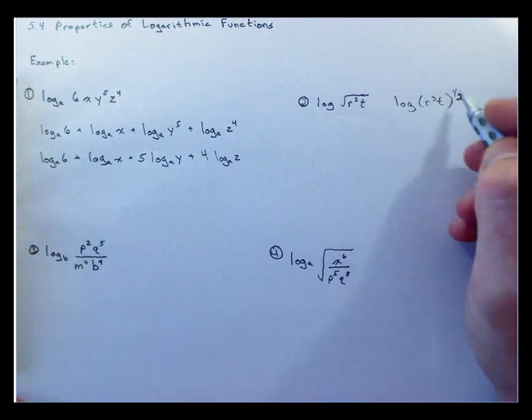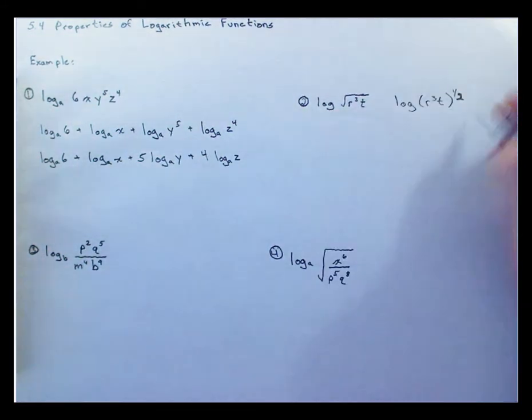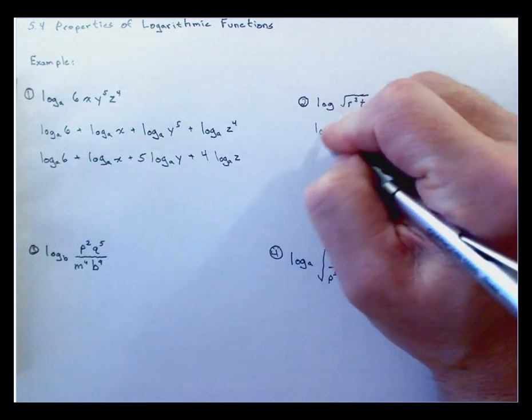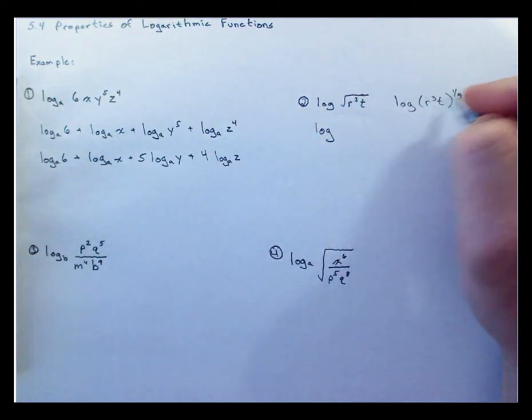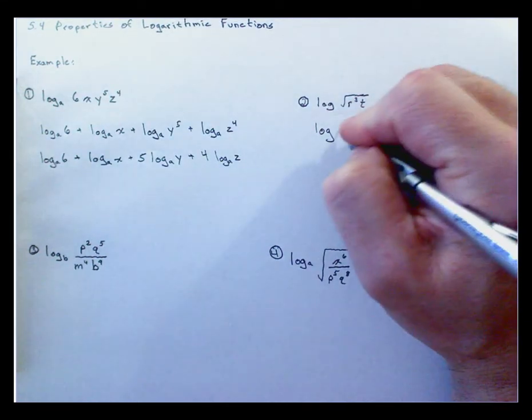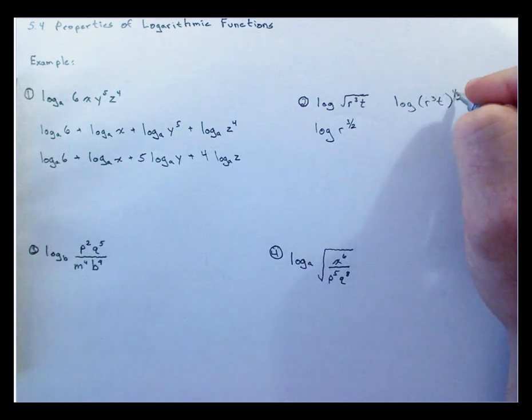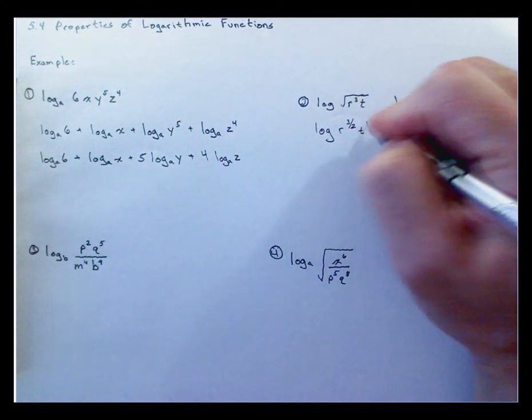And then I would go ahead and get rid of that 1/2 by doing the exponent rule. So what that actually turns into, remember, a power to a power, I multiply them. So 3 times 1/2 is 3/2, and 1 times 1/2 is 1/2.